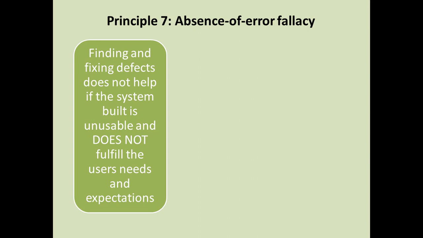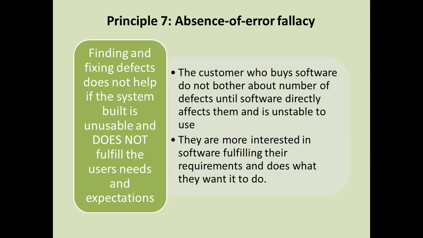It's not what an end user wanted, then it's of no use for the end user. So even if there are no errors in the software, it does not fulfill the user needs and it's unusable.